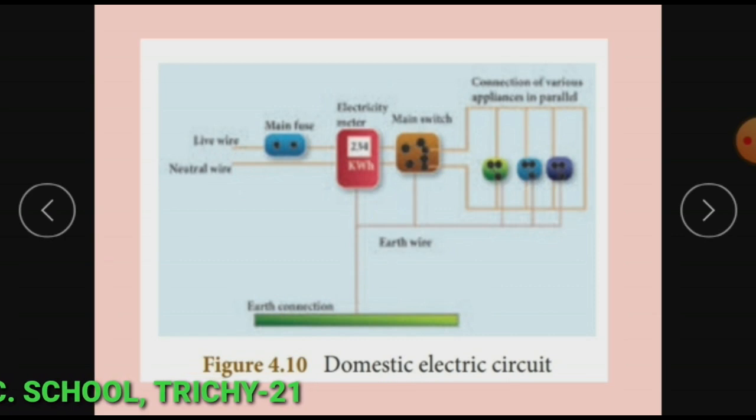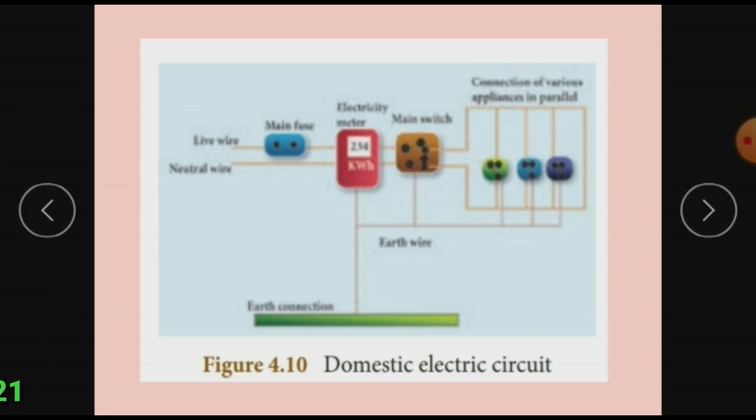After the electricity meter, these wires enter into a main switch which is used to discontinue the electricity supply whenever required. After the main switch, these wires are connected to live wires of two separate circuits.